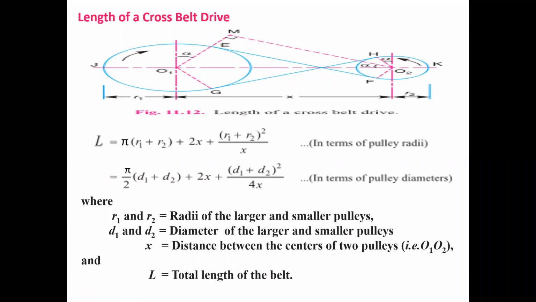We have to follow the same procedure: the symbol notations, the alpha value calculation, and the arc MJ, finding the arc JE value and HK value. Those are all similar.